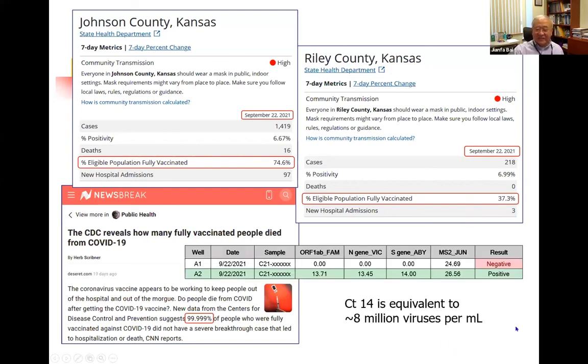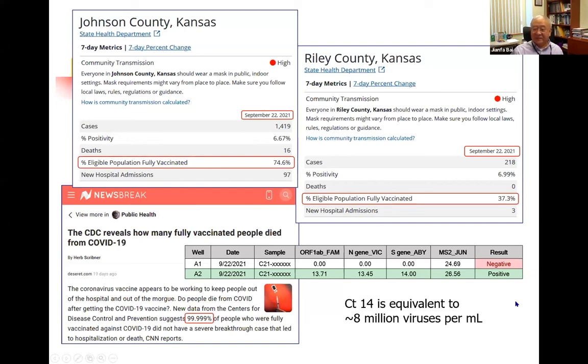I want to show you just one line of data. This morning, we got a positive case that has a CT of 13 or 14. If you haven't done too much PCR, you probably don't know what that means. It means the person has 8 million viruses per mL.